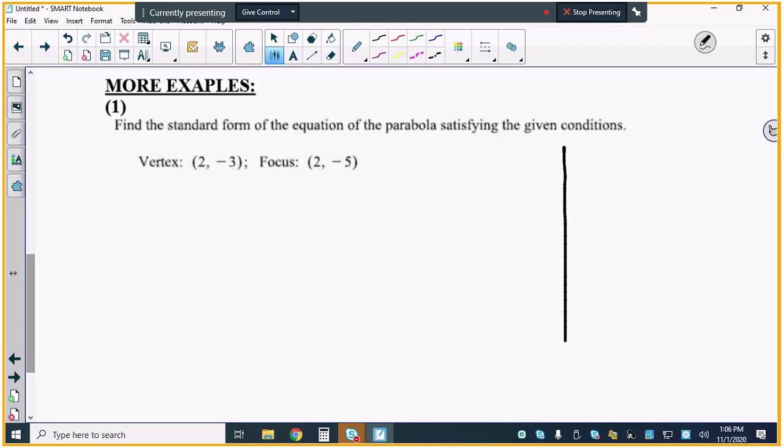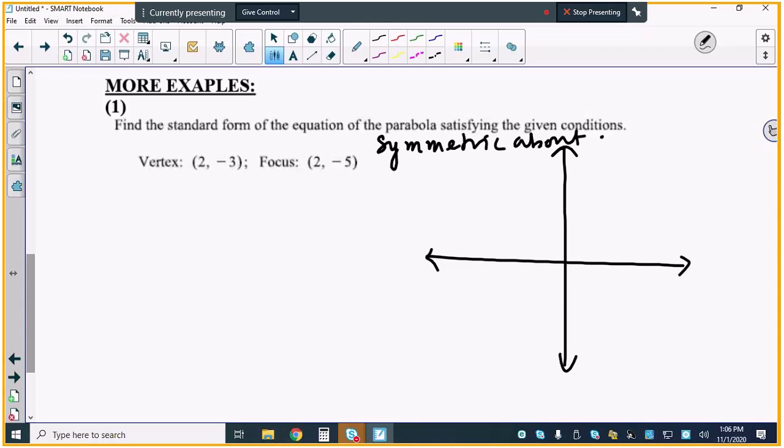As soon as I have known that, I'm going to say, well, this parabola is going to be symmetric about a vertical axis, because I'm changing only the y coordinate. So one thing for sure, h is 2.